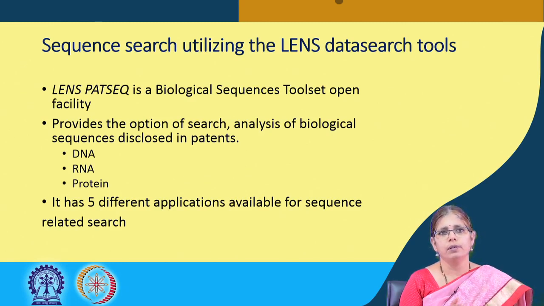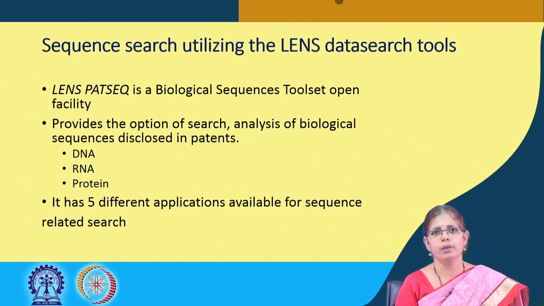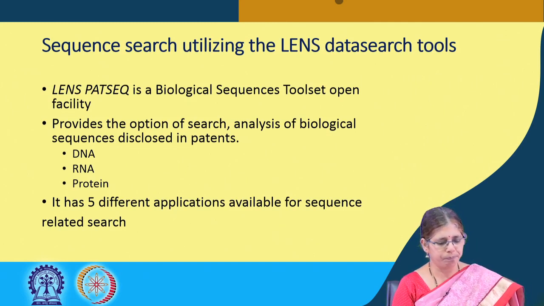The options with respect to what molecules can be searched are three: DNA, RNA and protein. Besides the basic search, it also provides 5 different types of facilities in relation to sequence search. That is, you can have an extended search and analysis done. So, let us explore the other different aspects of this particular search facility available at the Lens database.